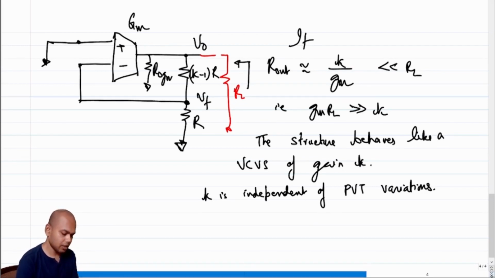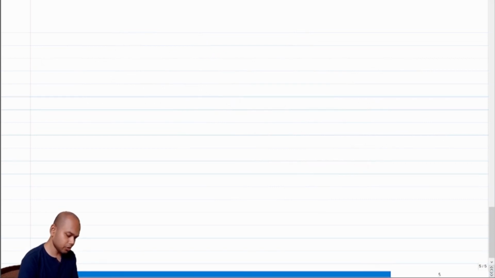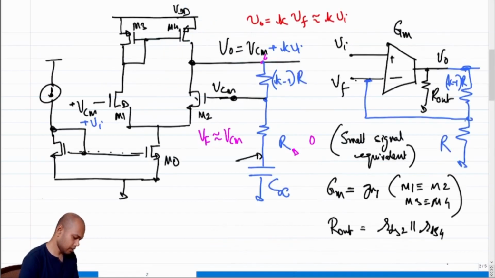Now, however, you see that there are certain issues, right? So what are the issues? The issue that this structure has is the output common mode range.